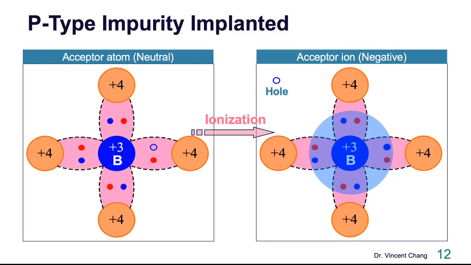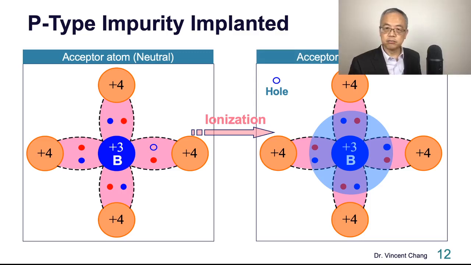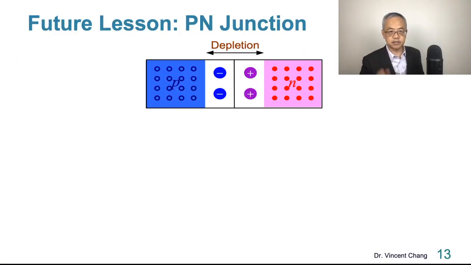All right? Acceptor ion. So: neutral donor atom, positive donor ion, neutral acceptor atom, negative acceptor ion. Make sure you capture this. This is very, very important.